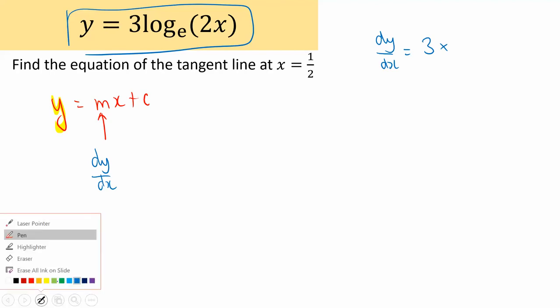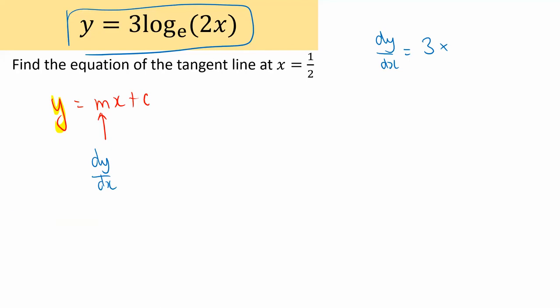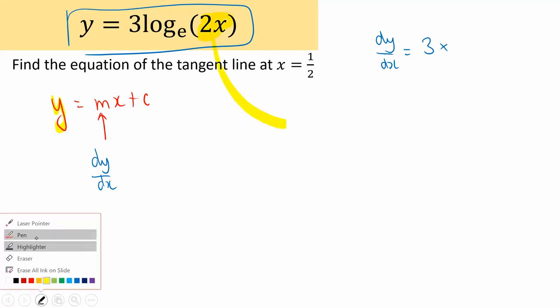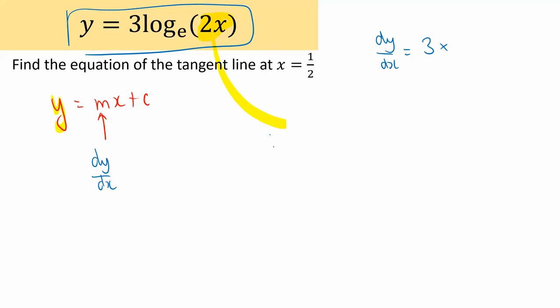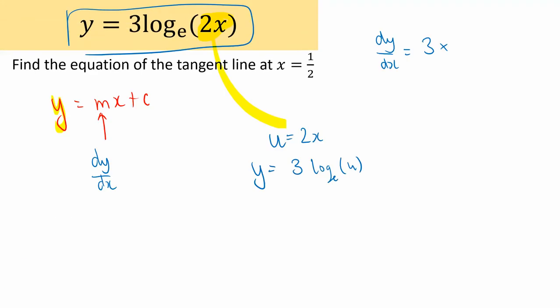So this is what I'm going to do. This 2x, I'm going to replace with a new letter, and I call it u. Let u equal 2x, and that changes my problem from y equals 3 times log e of u. We can do log e of u because that's the same thing as log e of x.